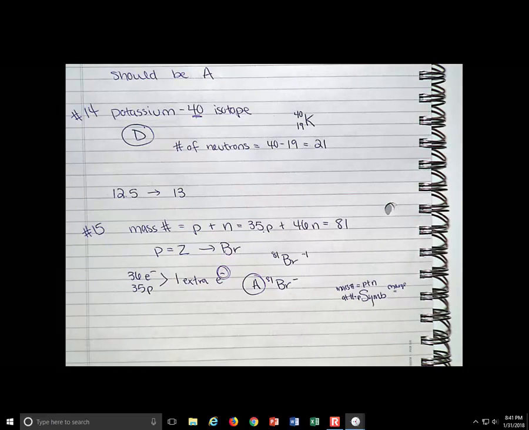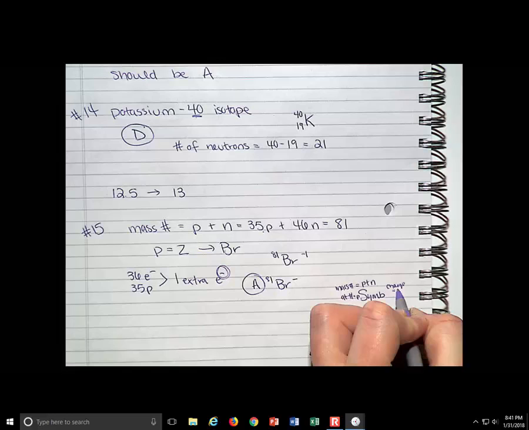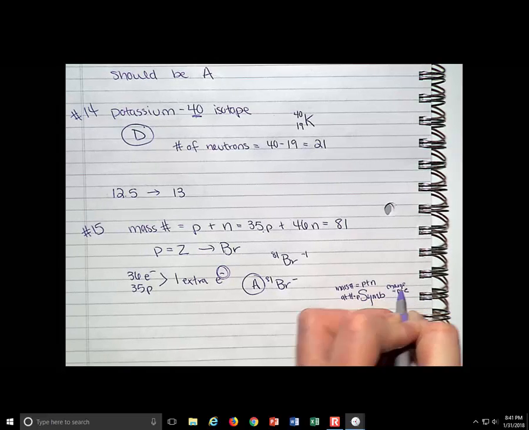You would want to do number of protons minus electrons, because then if you have more electrons, it should end up being a negative number. Protons minus electrons.